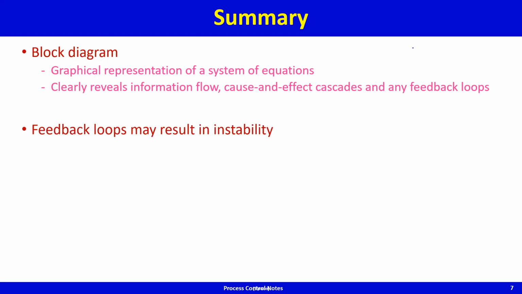And feedback loops may result in instability, and therefore it is important to look at block diagrams, because the feedback loop will immediately jump at us, whereas these feedback loops can get lost in a bunch of equations. A picture is worth 1,000 words, as they say. So a block diagram is that picture.